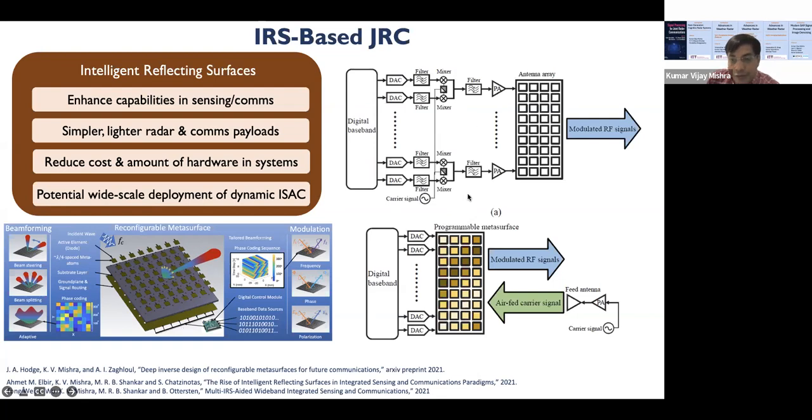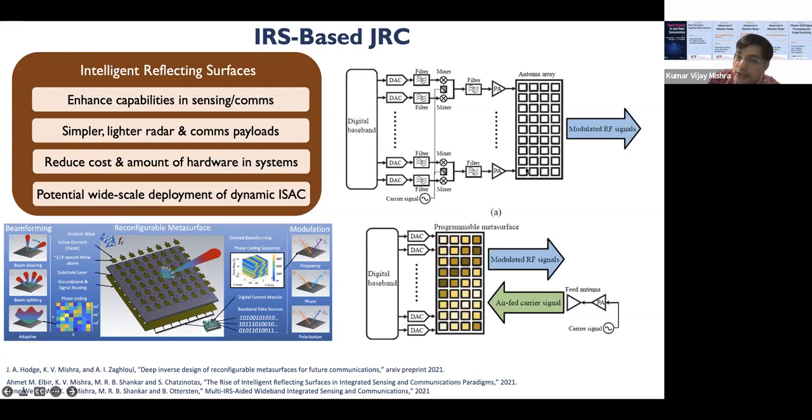As far as its difference with the conventional system is concerned, even though we are calling it an intelligent surface, you have to remember that everything that a phased array does, intelligent surface aided systems do exactly the same thing, except that in a programmable intelligent surface or programmable metasurface, the RF circuitry is integrated with the antenna.